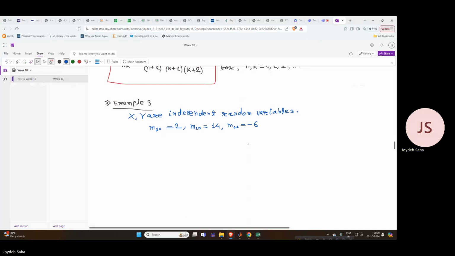Okay, and we need to calculate mu22. Fine, mu22. What is mu22? It is the central moment, right?